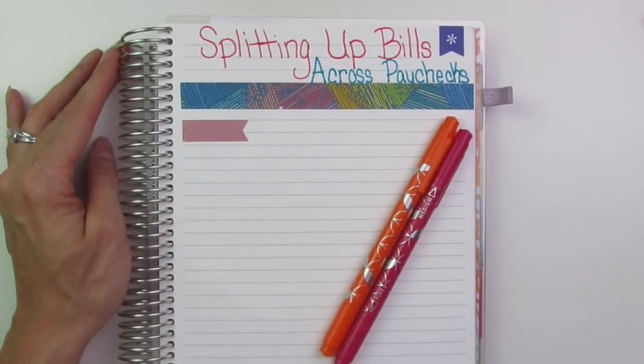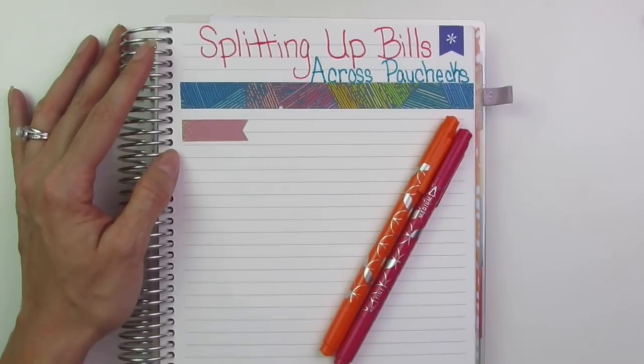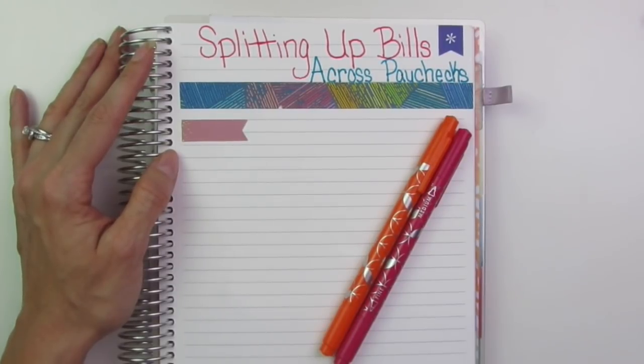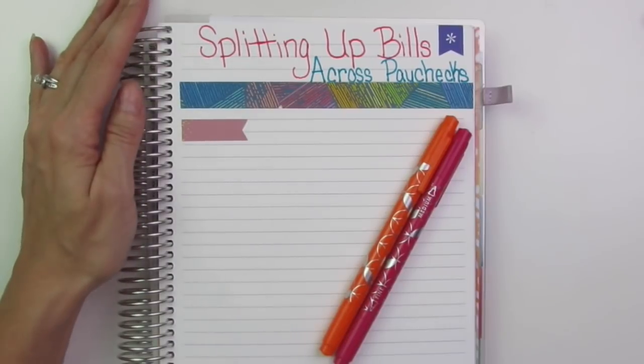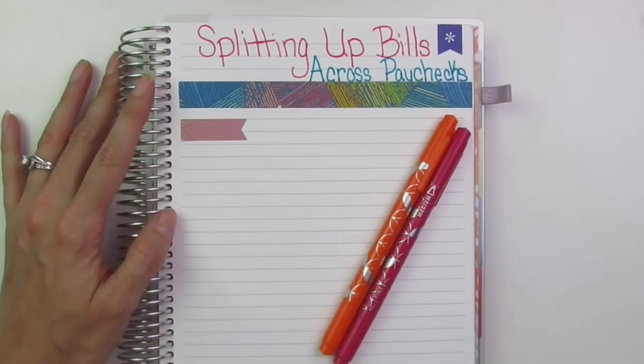So one of the most common comments or questions that I get, as well as one of the most requested videos, is basically how to start a budget, but also how to make it to where your bills are split up across all of your paychecks.